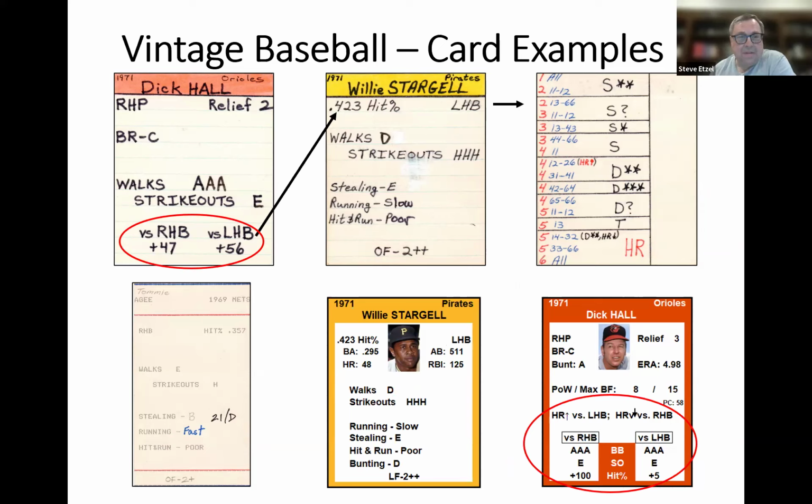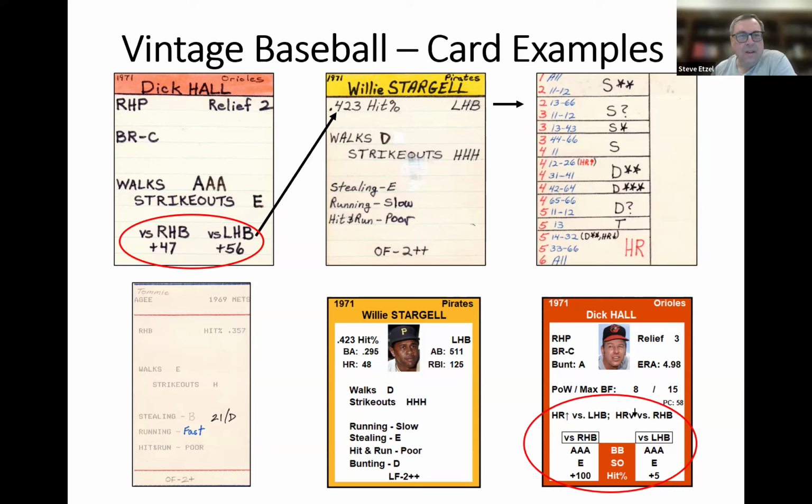As I said, if there isn't a walk and there isn't a strikeout, then you move on to the ball being in play. And that's where you overlay the pitcher card and the batter card. And so Willie Stargell, you see, had a 423, what I called hit percent, which is pretty close to batting average for balls in play. Not exactly, but close.